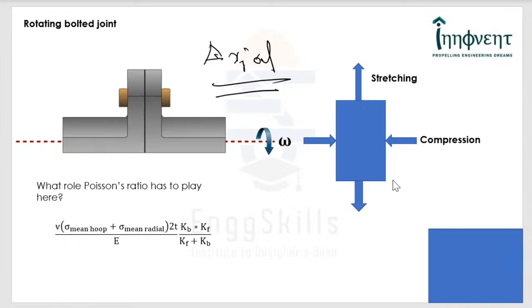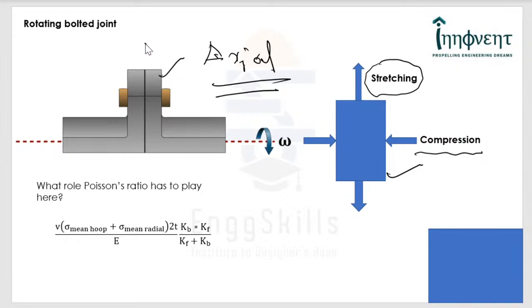Now look at this particular simple plate that is being rotated. If that is stretched because of the centrifugal loading, obviously it suffers a lateral contraction. That is, it gets compressed laterally. That is because of the Poisson effect. And the same thing can happen to the flanges also.